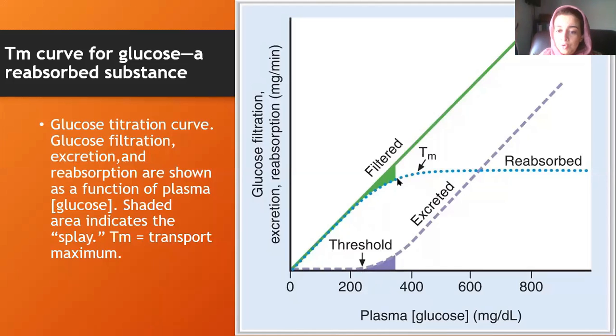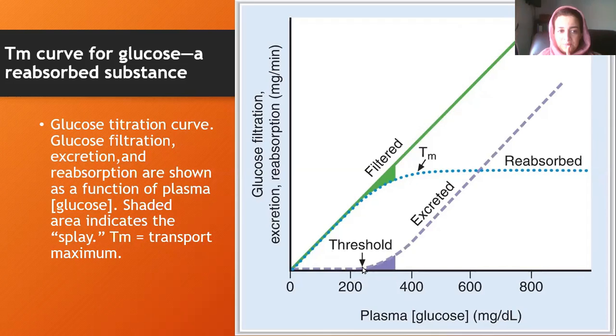And eventually, beyond about 350 milligram per deciliter, the same amount is reabsorbed. No matter how much plasma glucose concentration increases, only the same amount of glucose will be reabsorbed. So what will happen to this extra glucose which is being filtered? It starts appearing in the urine.